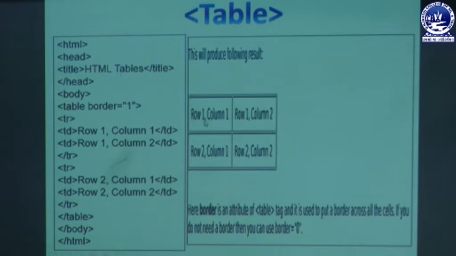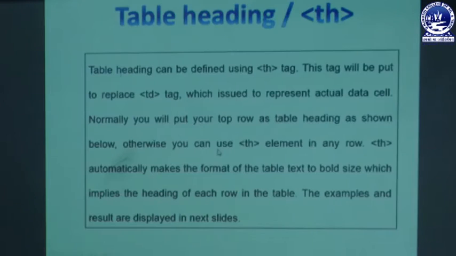That means the format specifies that the table heading is different from the table data. Wherever we need, we can put it at the top of the row. That means normally we put the table heading in the top row so as to distinguish the table heading from the table data. In this way we can put the table heading.